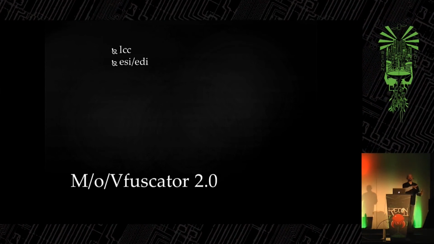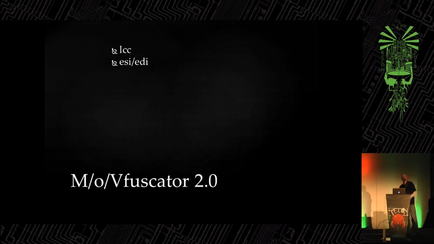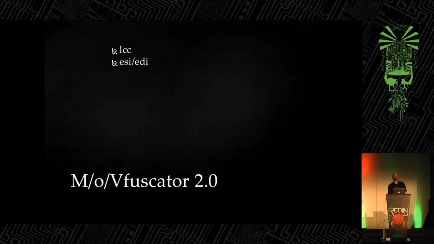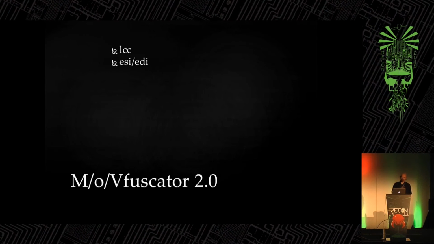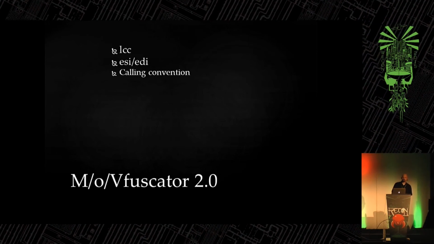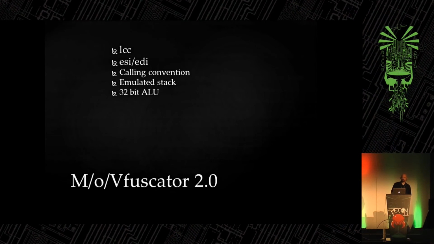We needed a lot of registers just in order to do the memory transfers, in order to shuffle things around. So I had to reserve most of the registers for myself and left LCC with only ESI and EDI to work with, effectively turning x86 into a 2-register architecture. Had to make my own calling convention. None of the existing ones work very well for obfuscated code. Built an emulated stack through only move instructions.